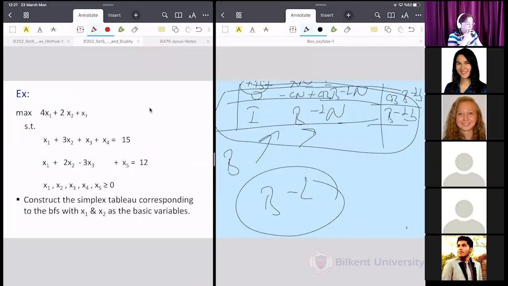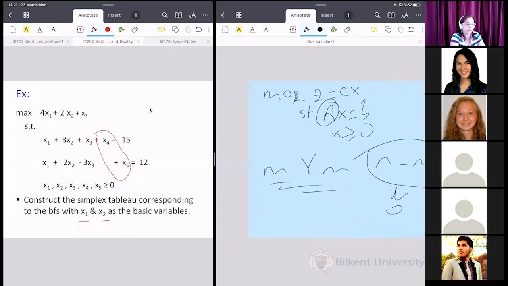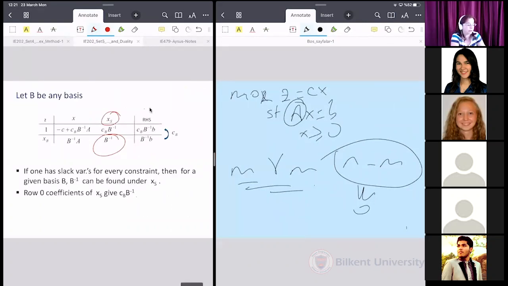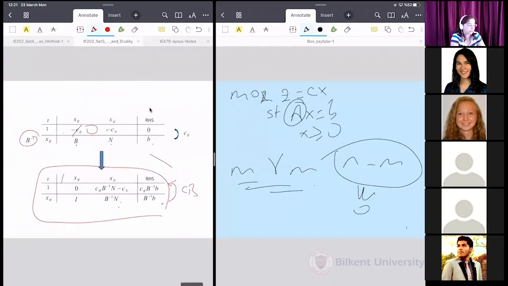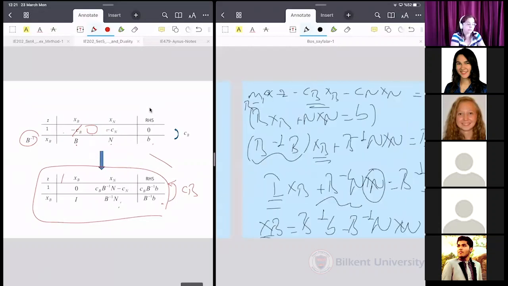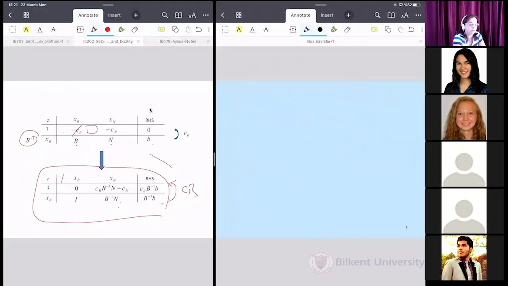Okay. Then I have an example that we can work on all together. This is a case where I can start my simplex. There is an initial identity in it. It says construct the simplex table where x1 and x2 are your basic variables. What we're supposed to do is find the table. I told you, don't memorize, learn. Let's put it in here because we may need that.